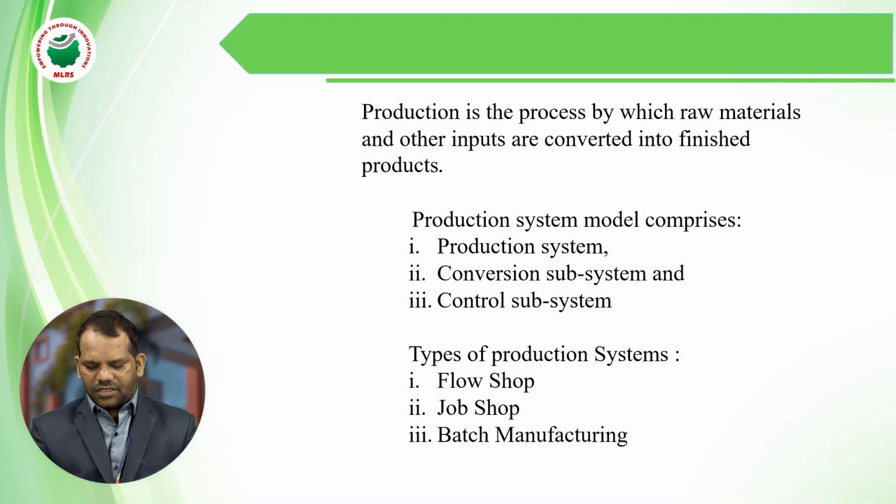Types of production system: flow shop, job shop and manufacturing shops, batch shop. Most of the companies depend upon these three layers of the production process in management.